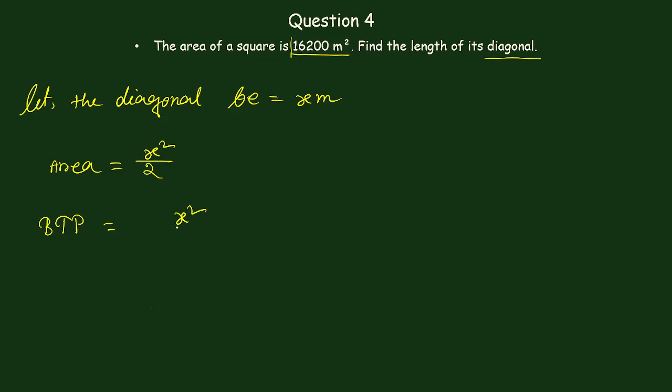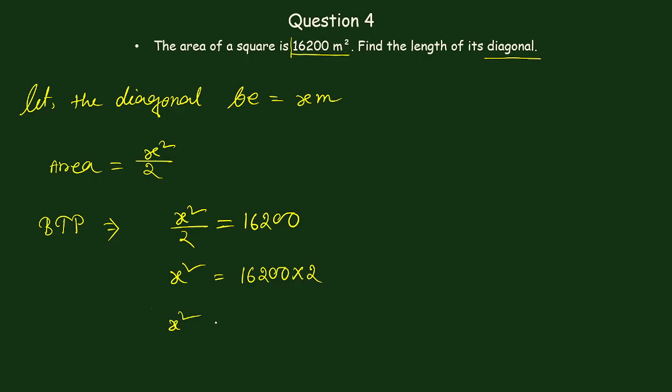So by the problem, x square by 2 is equal to 16,200. So x square is equal to 16,200 into 2, right? Now you can do the prime factorization and find out the value of x through square root. But here let me do a smart calculation.